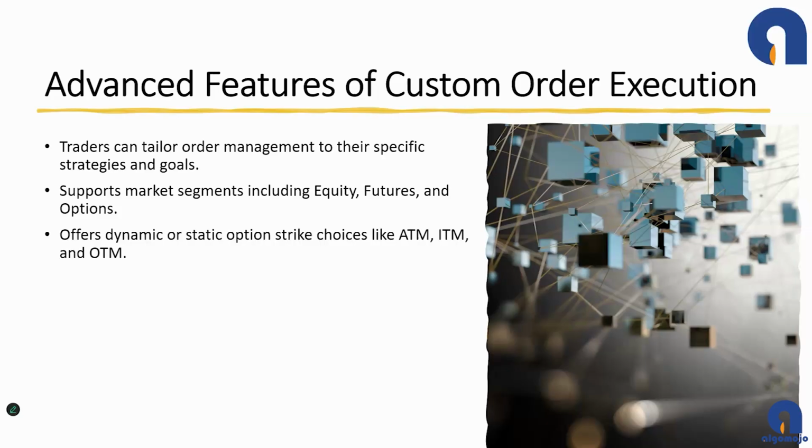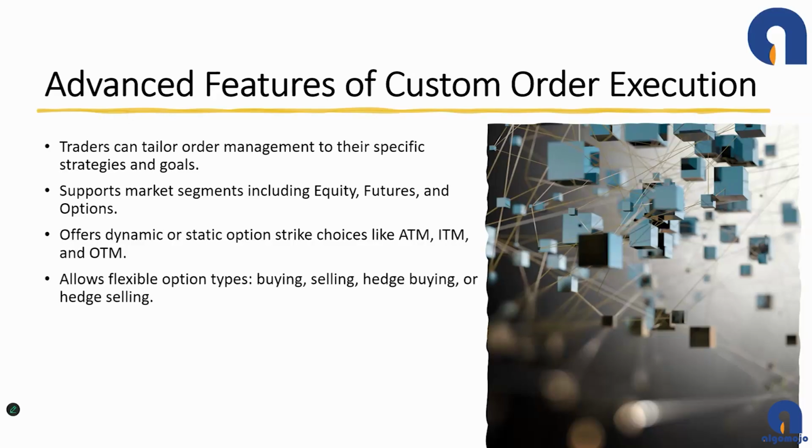If you are looking at dynamic strike selection, whenever there is a signal coming in, we will look at what the spot price is at that point in time. And if you have selected ATM or OTM, up to 20 strikes we support. So the strike that you would have selected based on the spot price of any of the instruments, it could be stocks, it could be index, we will place the orders or send the signals to the broker for placement of orders.